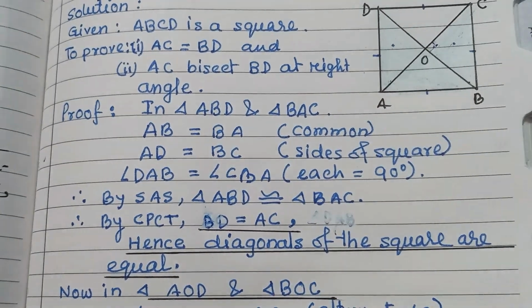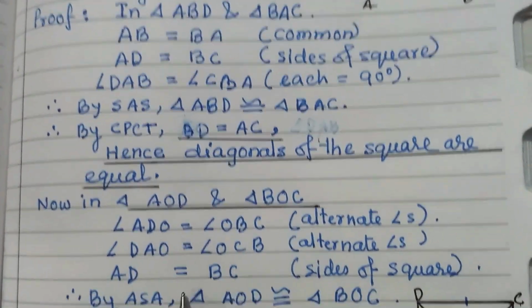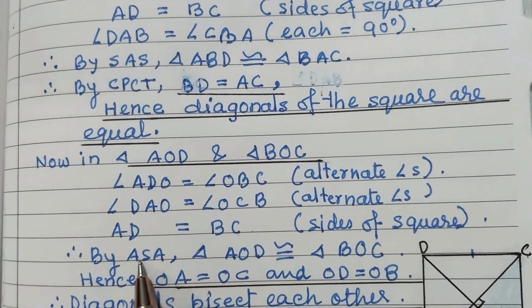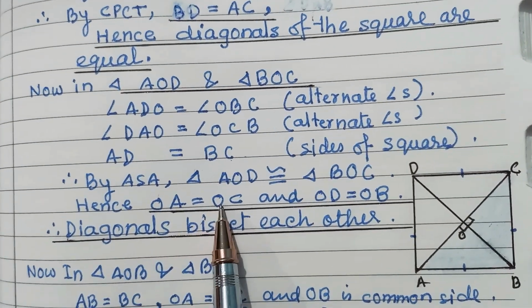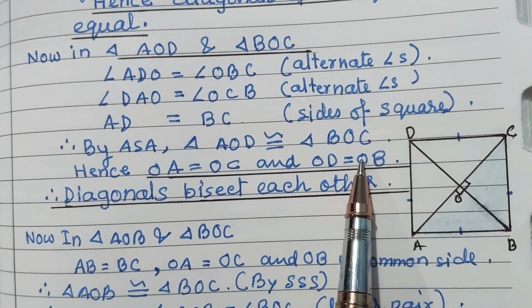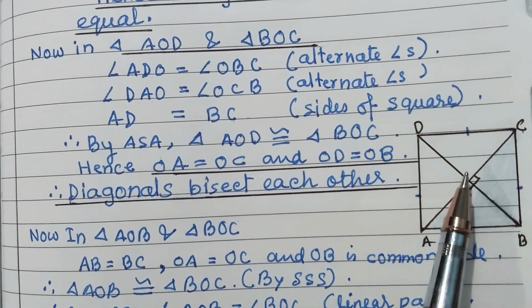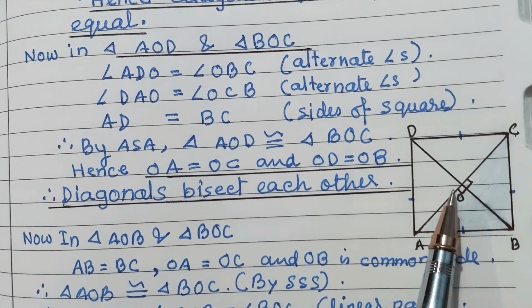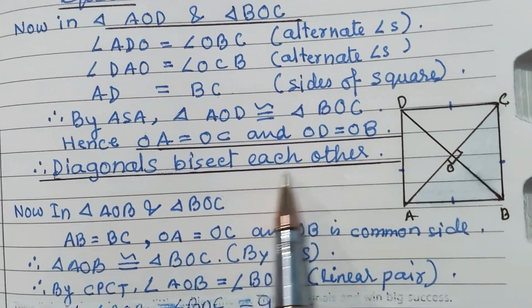These are the alternate angles. So two alternate angles are taken. Therefore, by angle side angle property, these two triangles are congruent. Therefore, AO is equal to OC and OD is equal to OB. Now see the figure. AO is equal to OC and OB is equal to OD. So diagonals bisect each other.